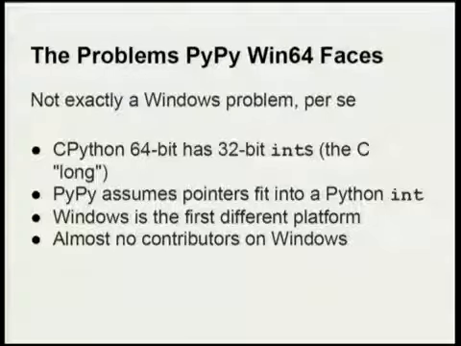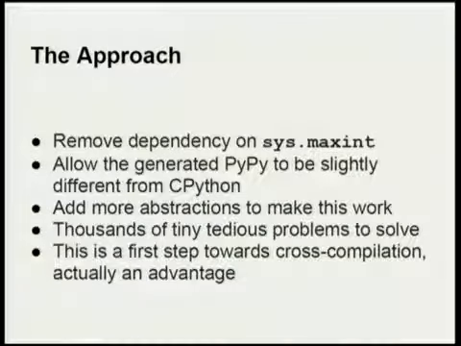And it happens to be Windows, and I happen to be the one who tries to support that. The approach to do that is getting rid of certain dependencies. PyPy depends on sys.maxint, and sys.maxint defines what is an integer and what is a long in the implementation of PyPy.